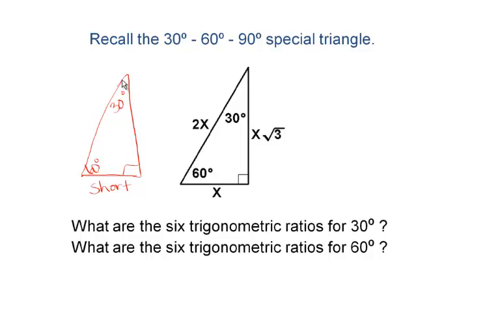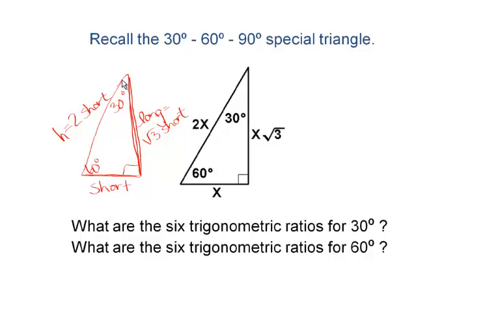The other leg, every triangle has two legs. The legs make up the right angle. The other leg has a relationship. We call this the long side, but it has a direct relationship with the short side of the triangle in that it is square root of 3 times the length of the short leg. And our hypotenuse, which is always opposite the right angle, has a direct relationship with the short side of the triangle as well in this special right triangle, in that it is always 2 times the length of the short leg.